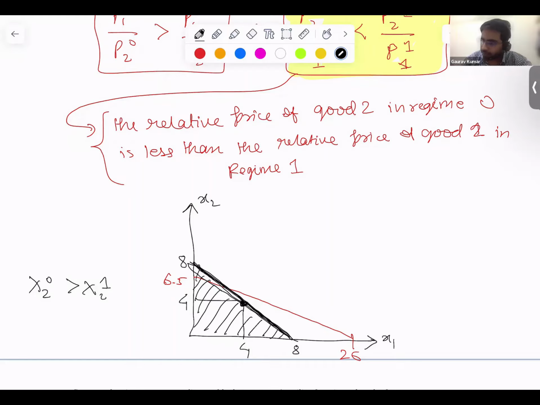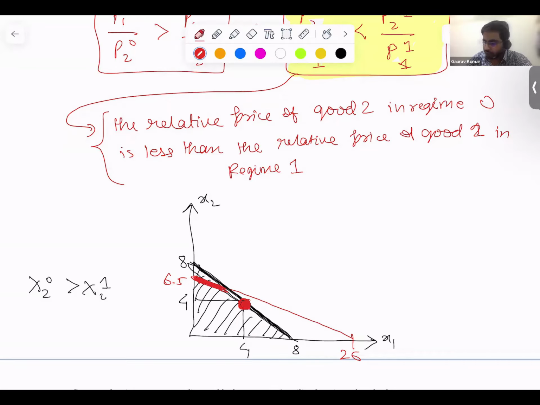Now, this red line which you see, which lies inside this budget set for regime 0, was already affordable in that regime. But still, this choice was made. This choice was made given that these goods were already affordable, but you still didn't choose them because you got more utility when you selected the 4 comma 4 point.